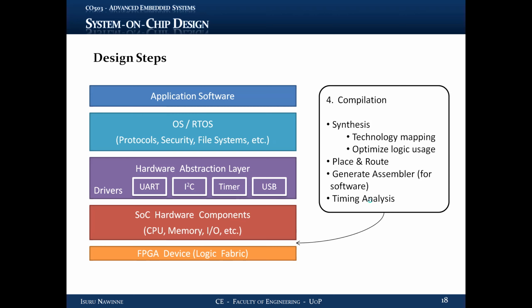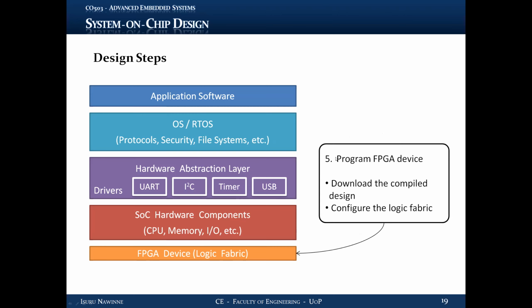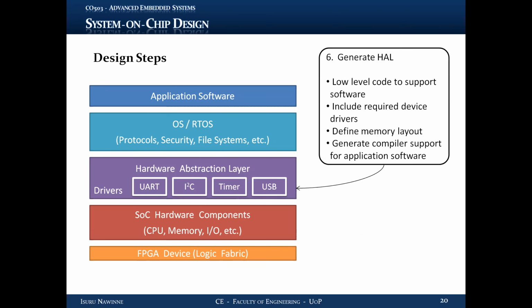Once that is done, you can download your design onto the FPGA, the so-called programming of the FPGA. You download the compiled design onto the FPGA and configure the logic fabric in that way, and the FPGA will behave as a logic circuit. So that's the hardware side of things.